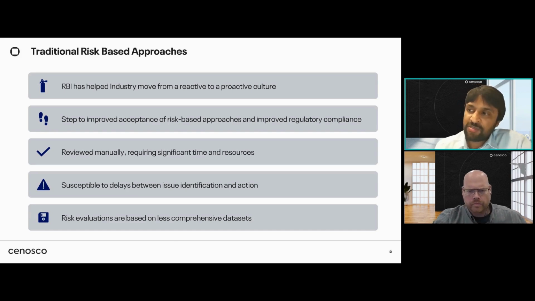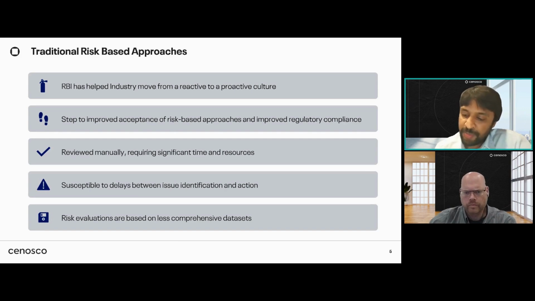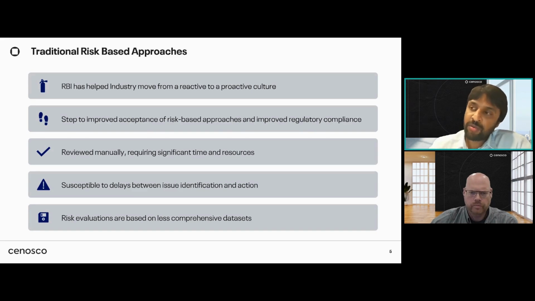So across a life cycle of your assets, let's say 20, 25 years, there are limited inspection data sets over the course of the asset life as well. And that is being used to drive decisions in terms of risks as well.